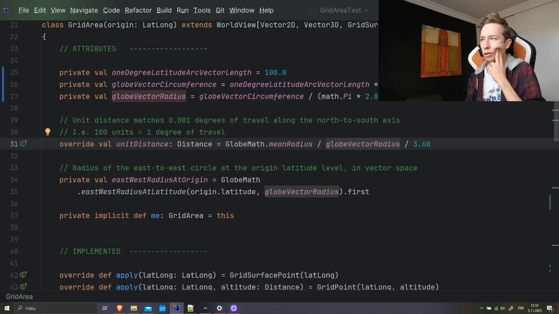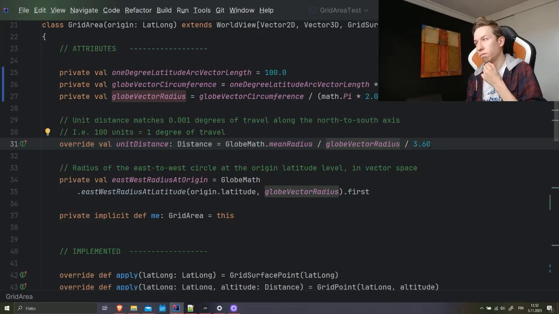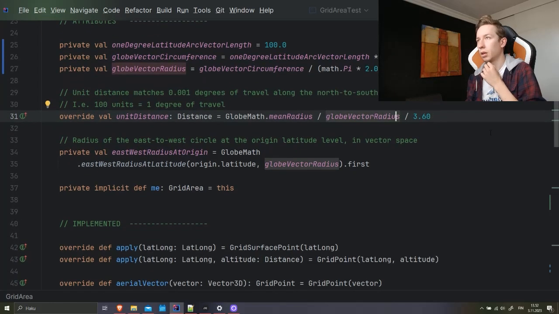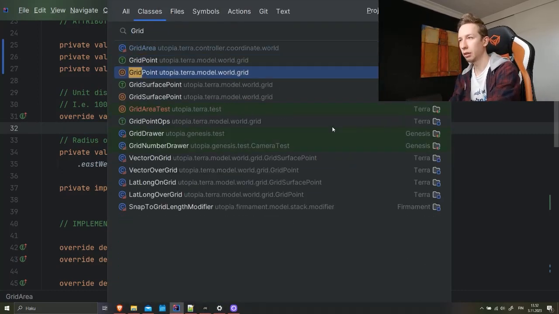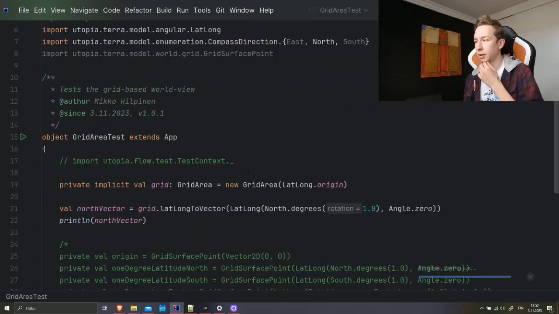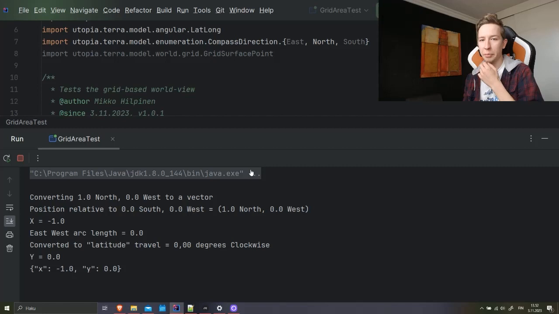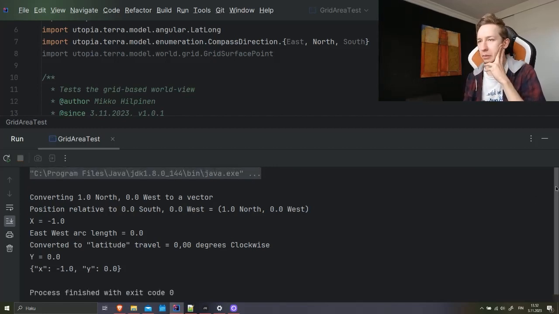So we need to calculate. Man, I don't like this. I wonder, does this work? Yeah, might work. Let's see. At least we should be getting different numbers now. Nice. Sounds in the neighborhood.